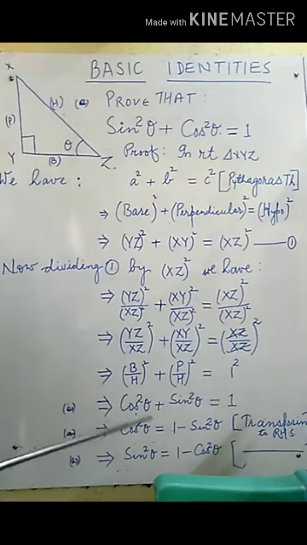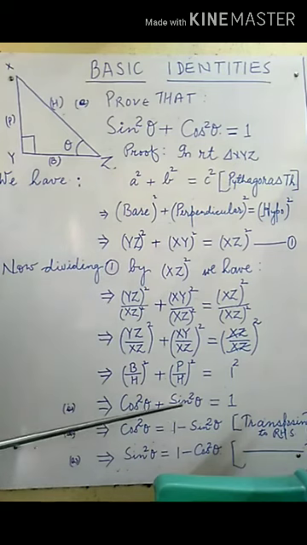What form is there? Note down sine square theta first and cos square theta afterward, because we have the commutative law, so we can write a plus b as b plus a. There would not be any difference because 3 plus 4 is equal to 4 plus 3. So we can change their position, with no impact on the result.